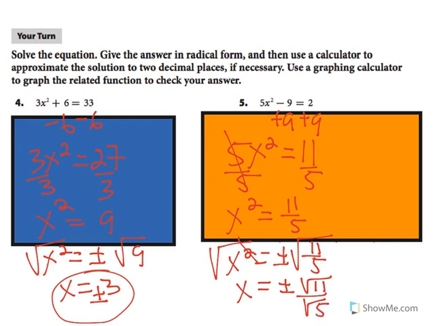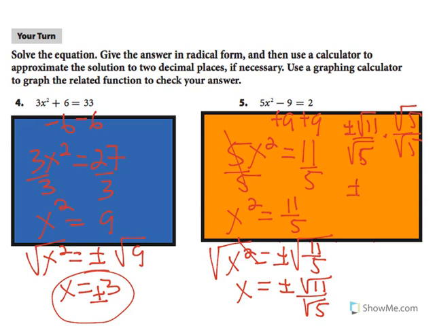Now, for this answer, we have x equal to plus or minus square root 11 over square root 5. Then 11 is a prime, 5 is a prime, so both give us an irrational answer. But we cannot have a radical 5 in the denominator, so we need to what we call rationalize this, by multiplying our expression by radical 5 over radical 5.